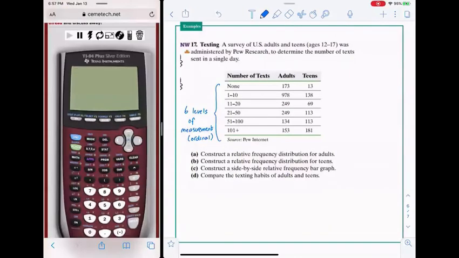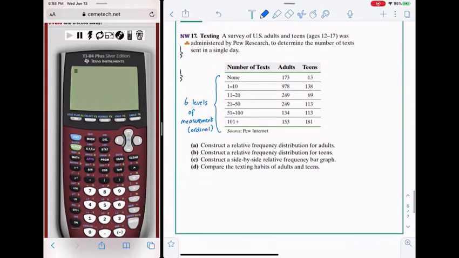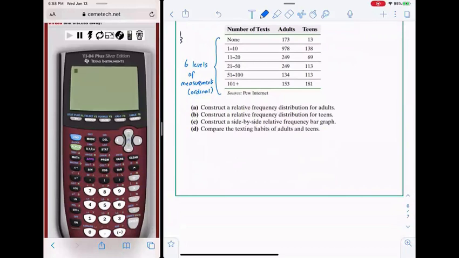So I'm going to show you how you can easily create a relative frequency distribution without typing each level for none and 1 to 10 and so forth. The most important buttons in the calculator are the start button, which is right below the delete button, and the blue button, which helps you access functions corresponding to the blue functions listed above each button.